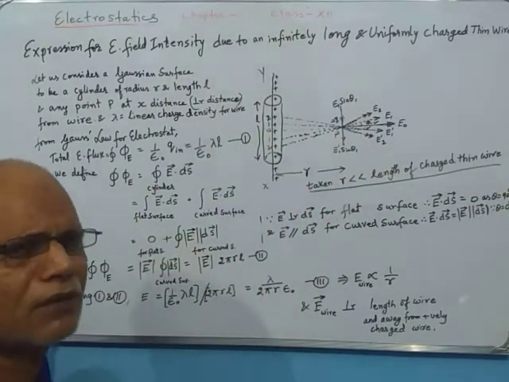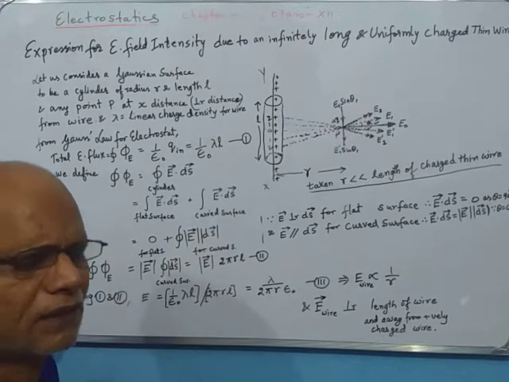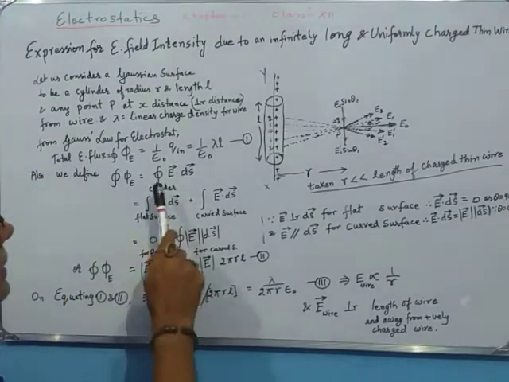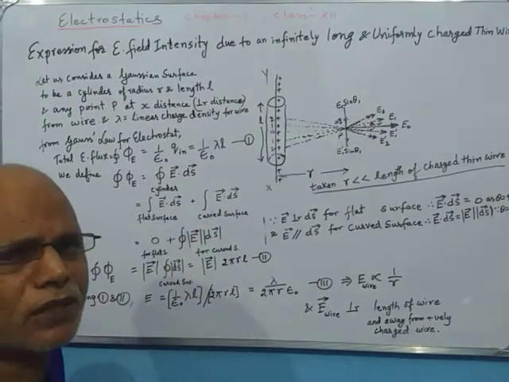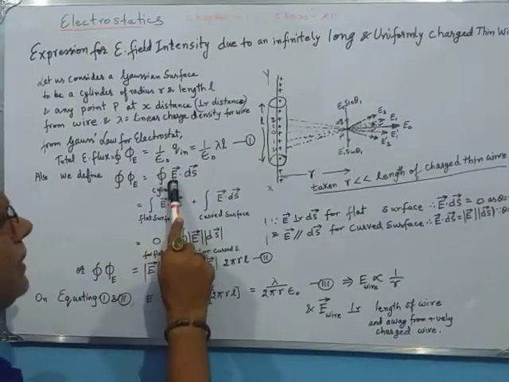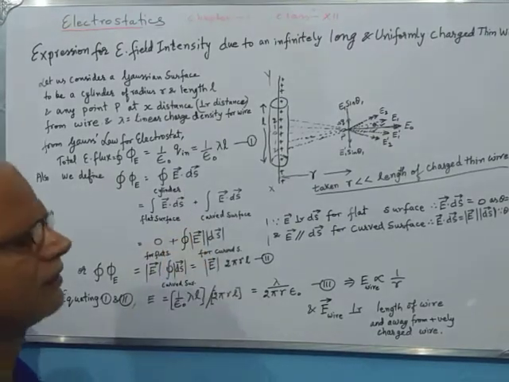Now the basic definition of electric flux is the integral of E dot ds, where E is the electric field and ds is the area vector.